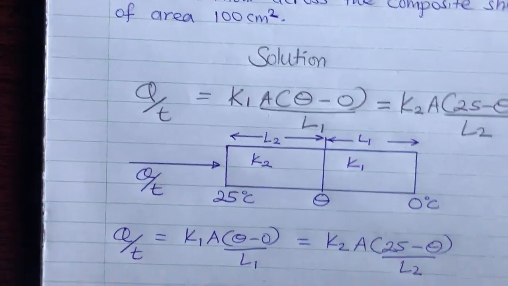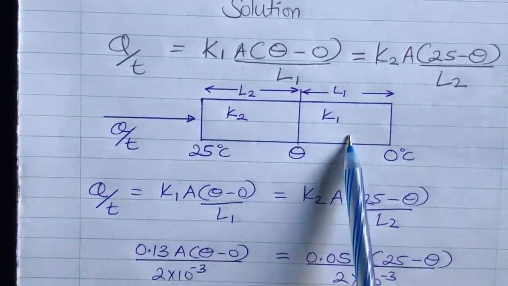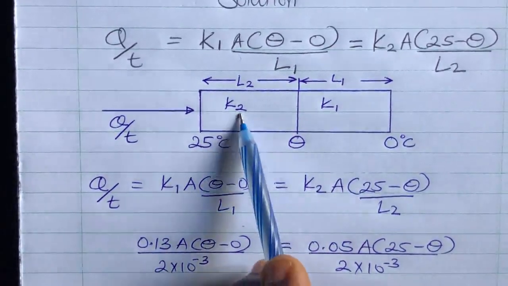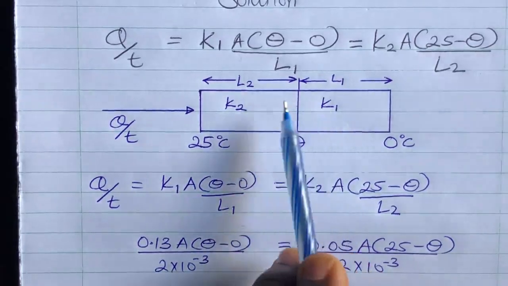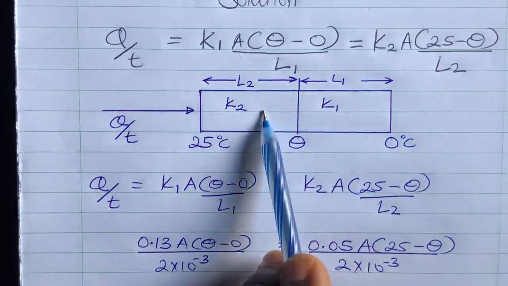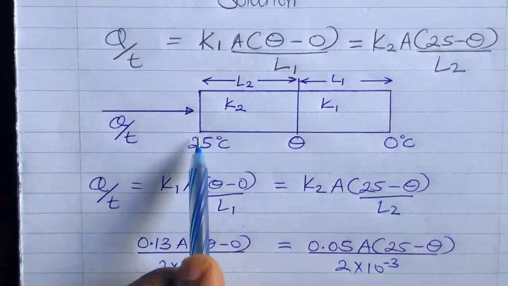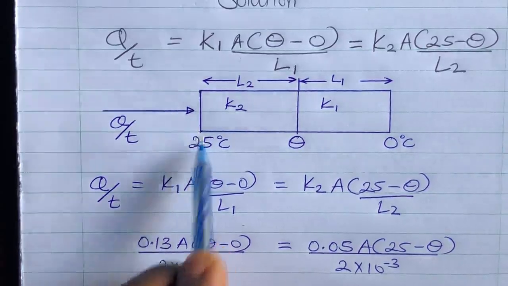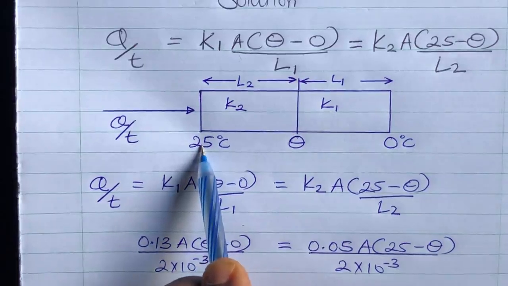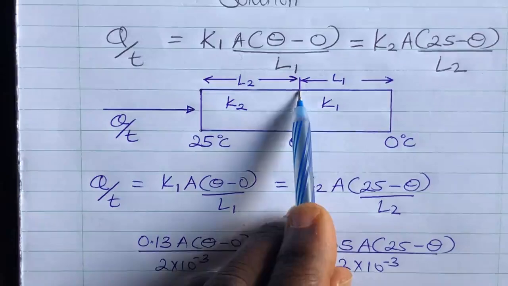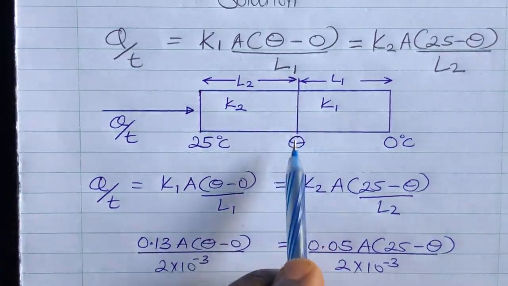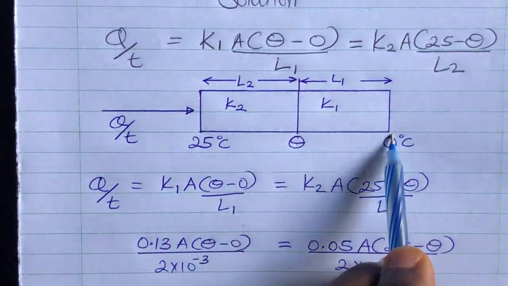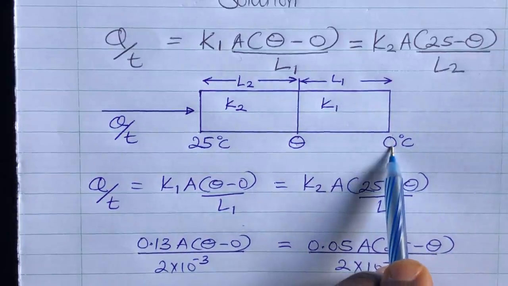And this is our illustration for the question, whereby we have two sheets, that is for rubber and for cardboard. So assuming this is our point of entry for the heat, at that point the temperature is 25. At the interface where these are joined, the temperature is theta because we don't know it. And at the other outer surface, it is 0 degrees Celsius.